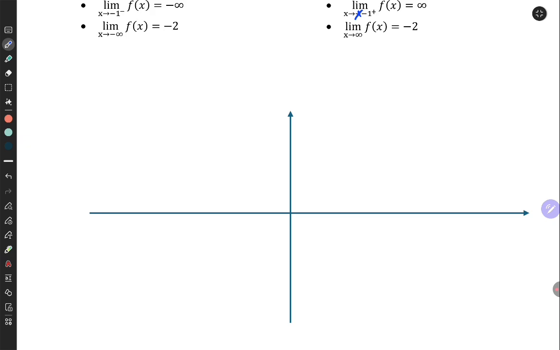Number 6. Can you label just the zeros? Label the zeros. That's easy. Anywhere, use any marker. Label the x-intercepts. In this case is 0 and 2, right? How do you label that? Okay, good.